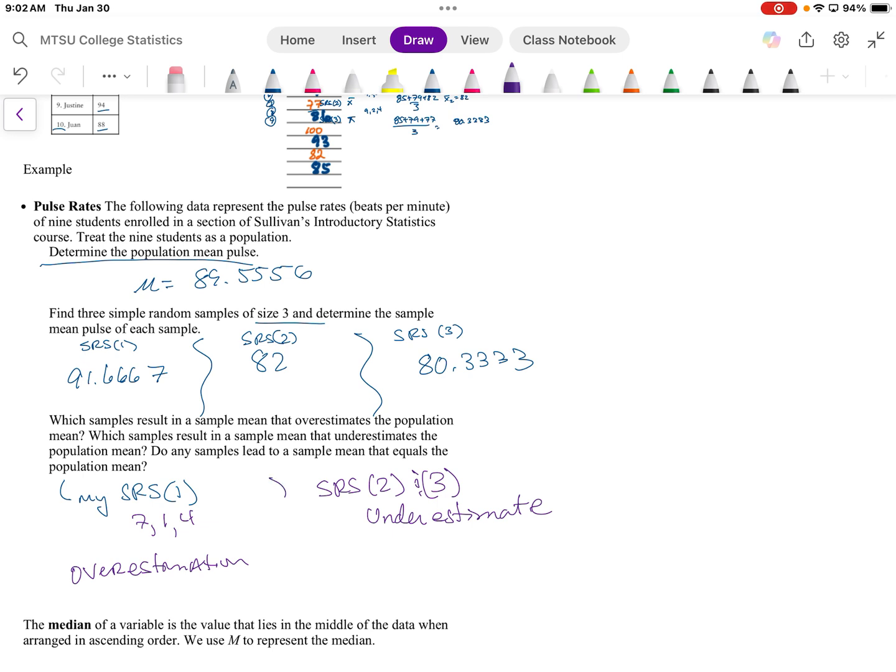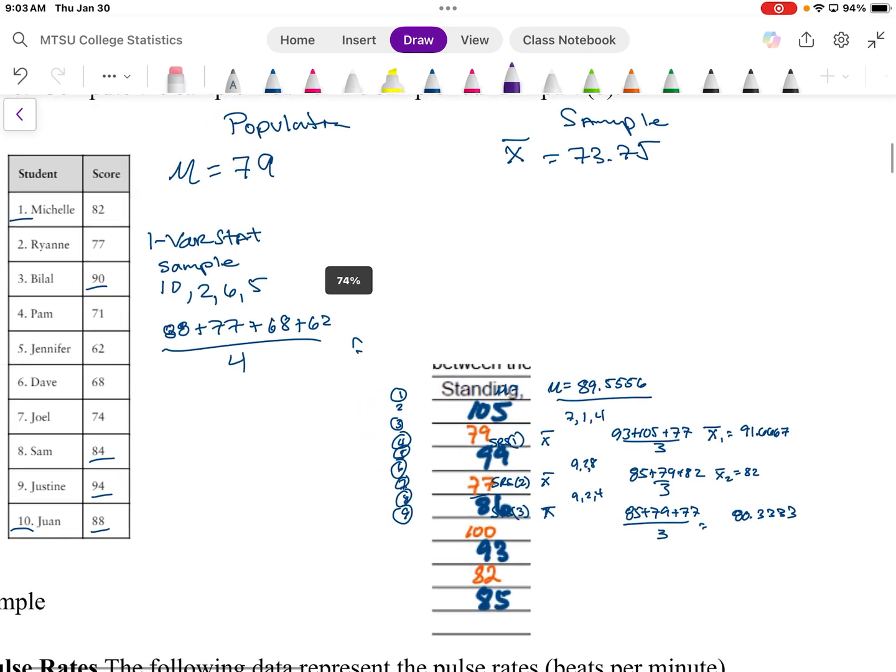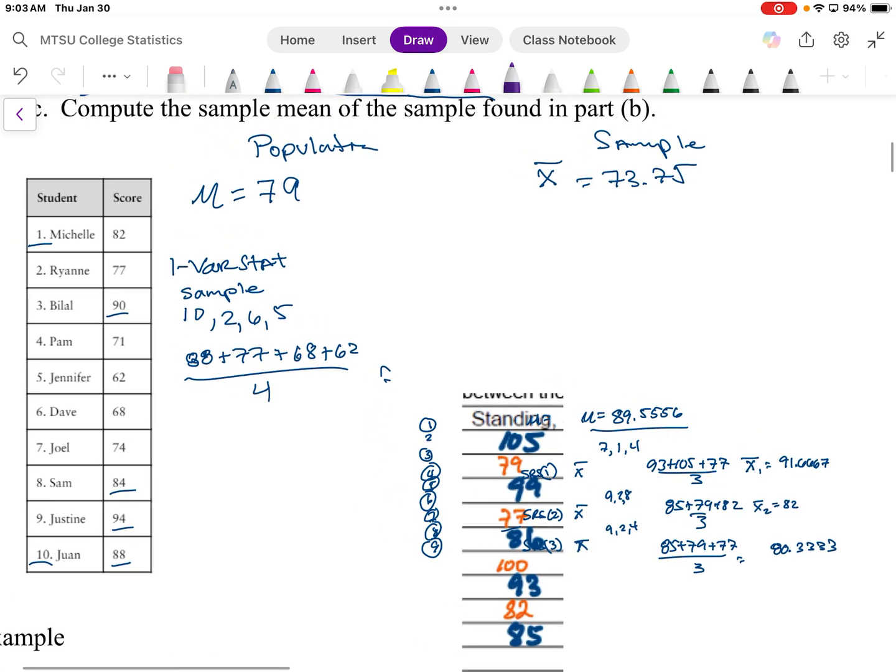And then the third question here says, do any samples lead to a sample mean that equals the population mean? Did anybody get really close with the way you got your 3 random samples, if you did them different than me? Get it really close to that 89. Anybody have a set of numbers that got super close to the 89, out of curiosity?